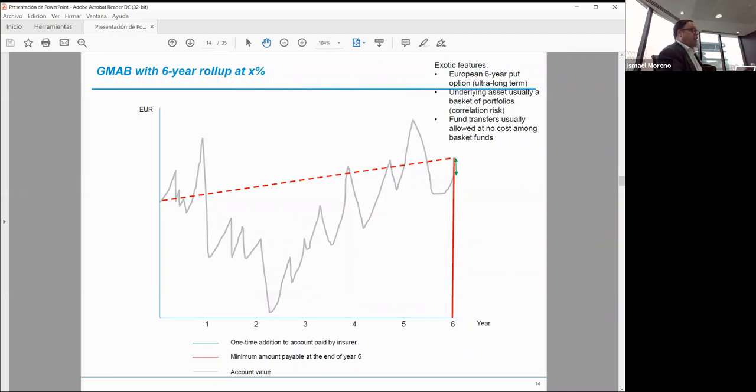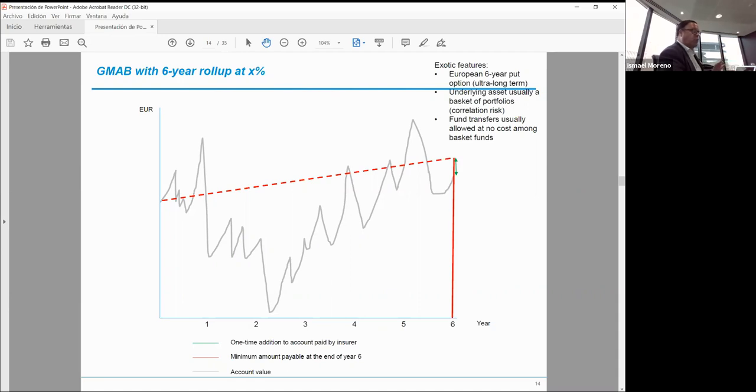And then the GMAB might roll up. Remember that in a GMAB, normally surrendering the policy, i.e. withdrawing your money within the time span of the GMAB, is not possible. I mean, it is possible, but it is possible at fund value. You are not protected in between. You are only protected in year 6.